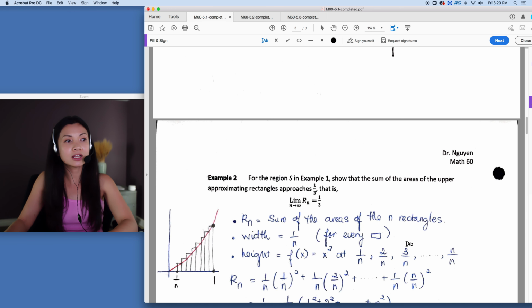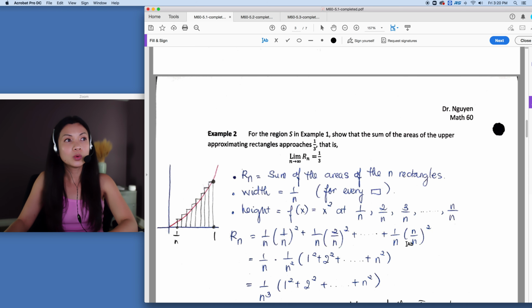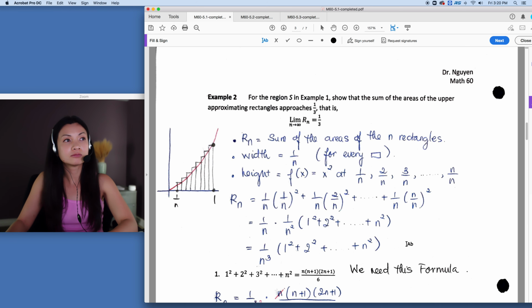All right, in example 2, for the regions in example 1, we want to show that the sum of the areas of the upper approximating rectangles approaches 1/3. So pretty much I'm looking for the limit, right? For Rn, we define it as the sum of the areas of the n rectangles.